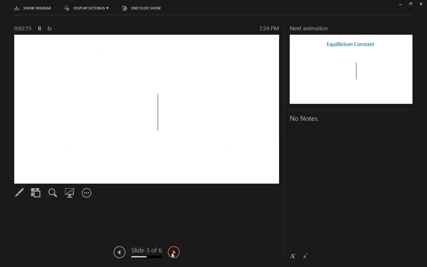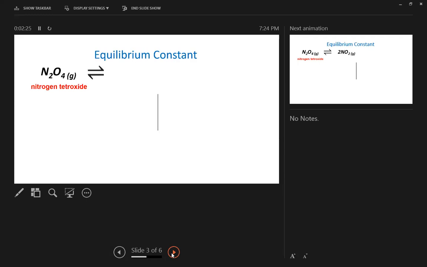All right, so what is an equilibrium constant? Going back to the same expression we had before, nitrogen tetraoxide proceeding in an equilibrium pathway to give us nitrogen dioxide.